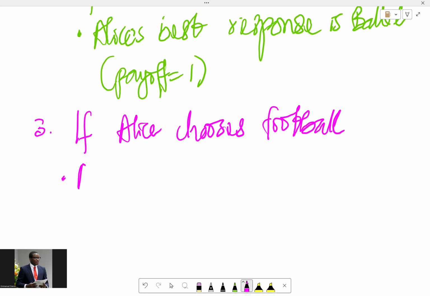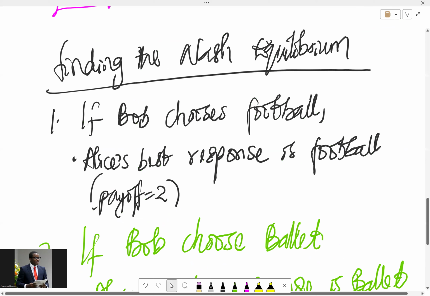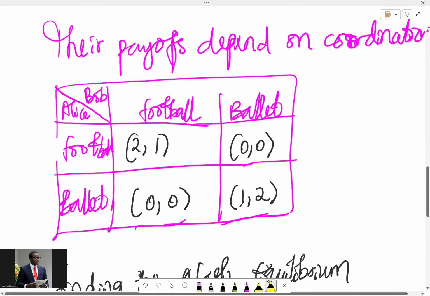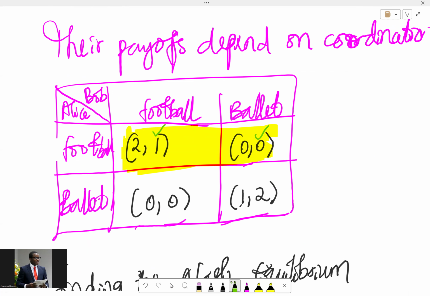So in that case, let's check. If Alice chooses football, now check this out. This is Alice actually choosing football. So in that case, Bob can choose football and get 1 point, or choose ballet and get zero.